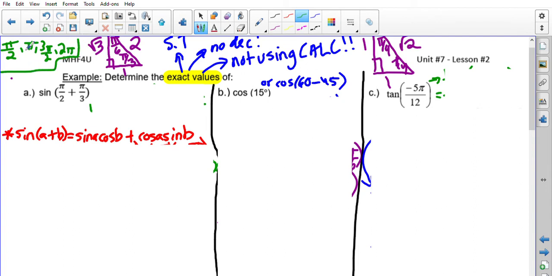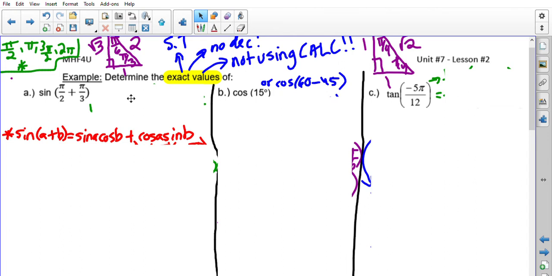For these ones though, you shouldn't ever have to use a calculator. If you have to find sine(3pi/2), you should just be thinking of your sine graph and thinking, what is the y value when x is 3pi/2? So these are additional special angles, and you may use those as well.